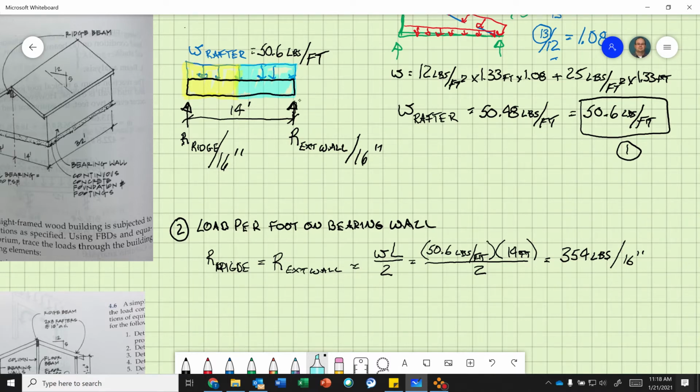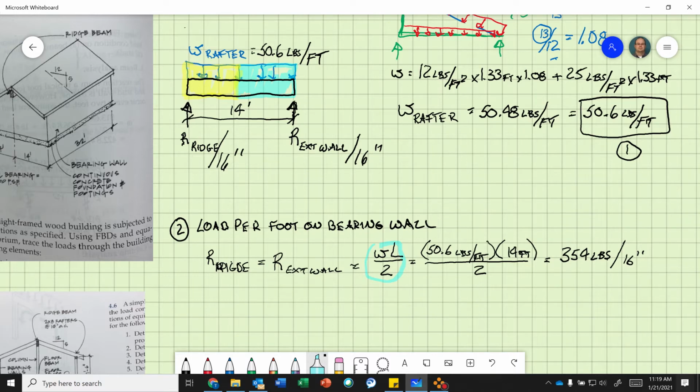So 7 feet goes to the exterior wall, 7 feet goes to the ridge. If I take 50.6 times 7, I get 354.2 or 354. Same way, but this is a shortcut formula to help you. Okay, so that means there's a point load of 354 pounds every 16 inches.